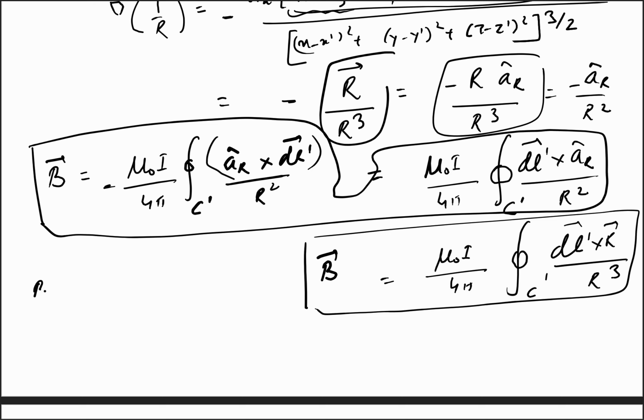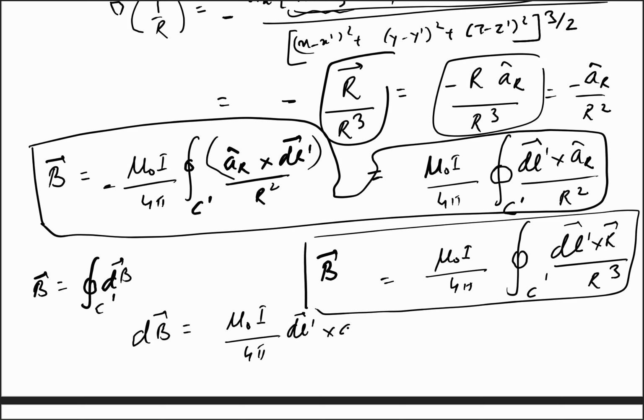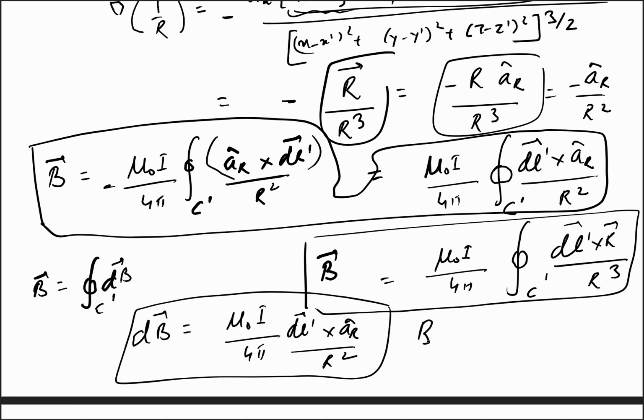Now this B can be simply written as the integral of dB over the full curve C dash, where dB is equal to mu naught I over 4 pi dl dash cross ar over r square. So actually this is the form of the Biot-Savart law. It is a French name, so you can spell it whatever way you want in your accent.